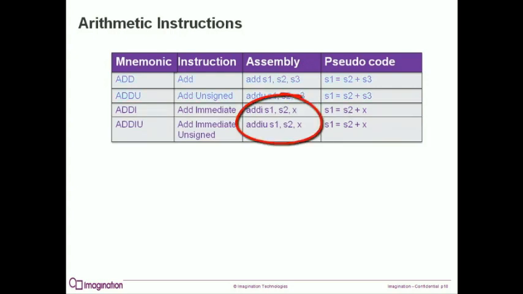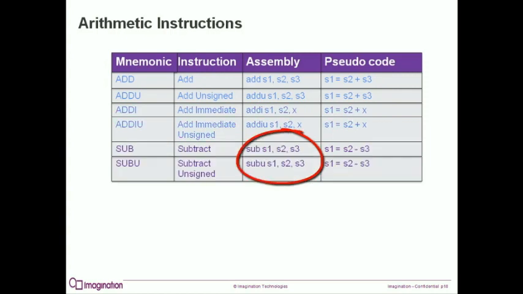Next is add immediate, which takes a 16-bit immediate value and adds it to the contents of a register and places the results in a destination register. The subtract instruction subtracts one register value from another and places the results in a destination register. As you can see here, there is no subtract immediate. You can do that using an add immediate instruction and just supply a negative number.